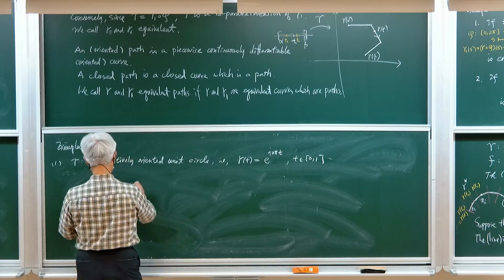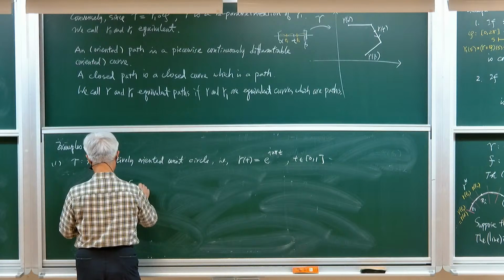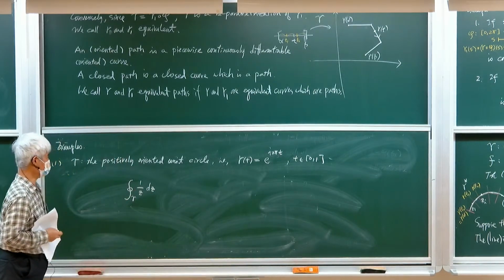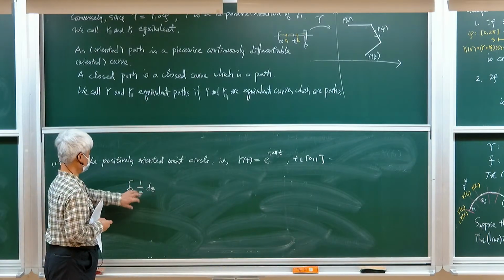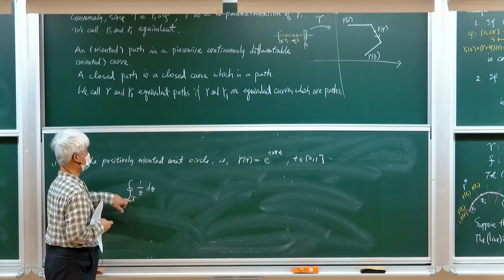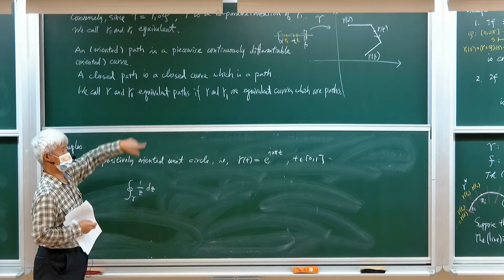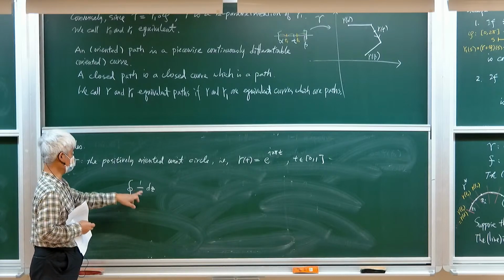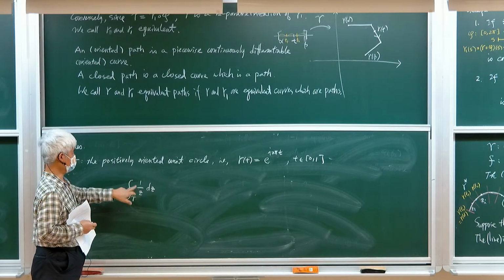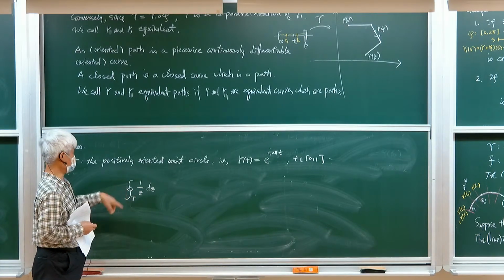Now we want to evaluate the integral where f of z is 1 over z. Because gamma star, the unit circle, does not contain the origin, this function is continuous on the unit circle.